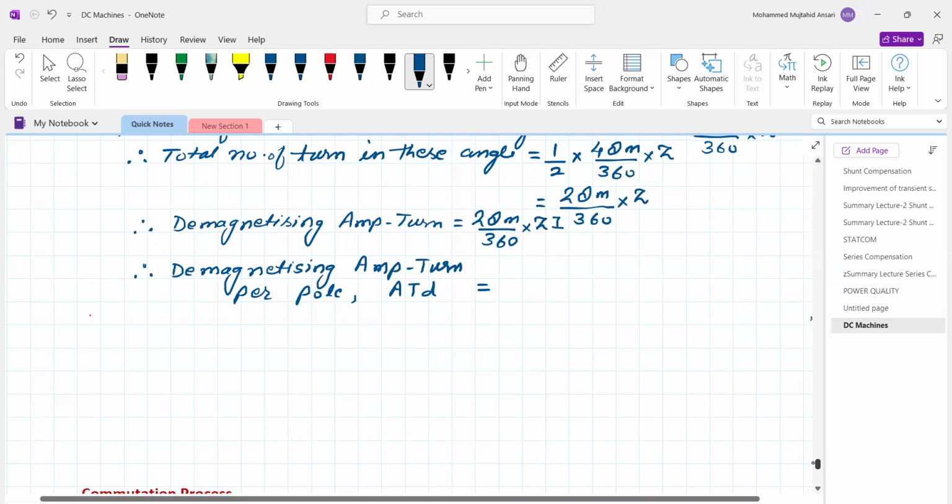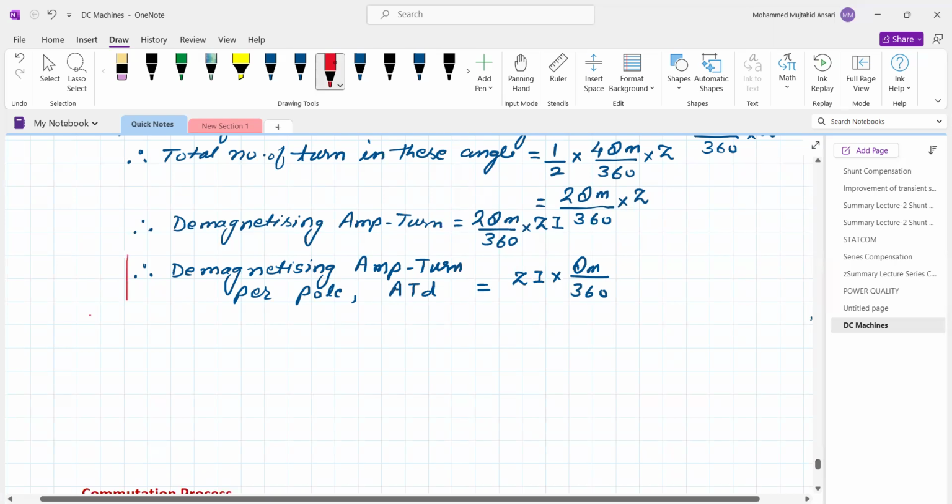So we will write it in this fashion: Z into I multiplied by, per pair pole, theta m divided by 360. So this is the required relation.